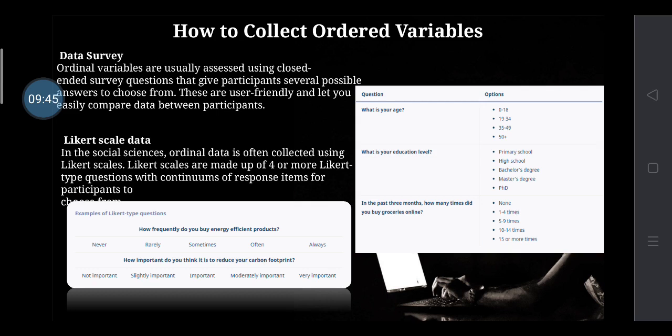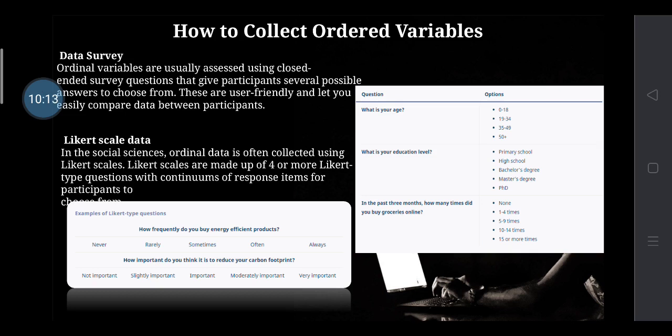On the right image, this is an example of a survey. This is a survey about your educational level. The question: what is your age? The options are 0 until 18, 19 until 34, 35 until 49, and 50 plus.